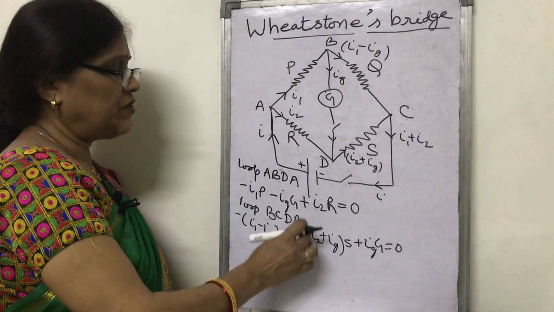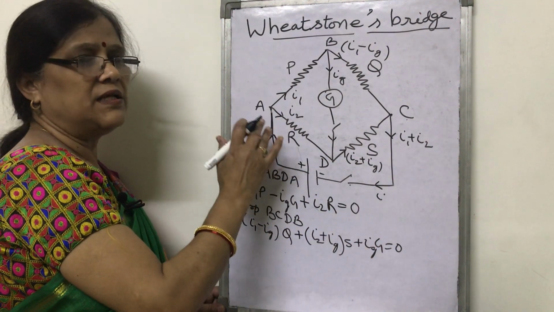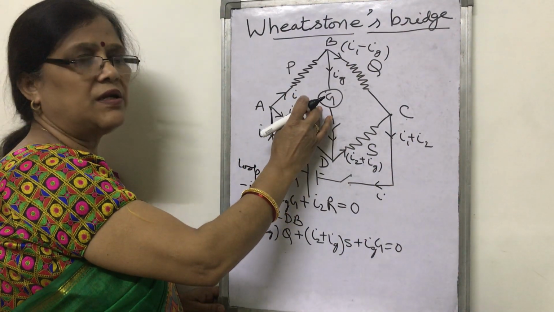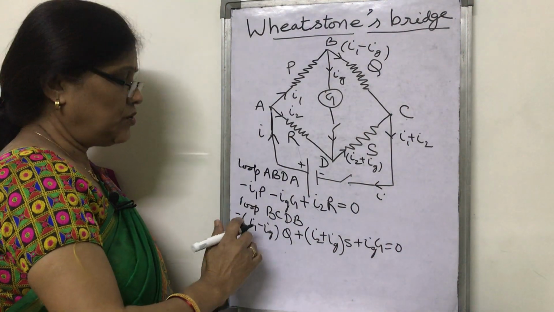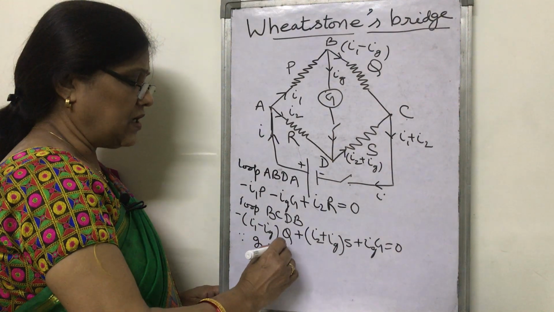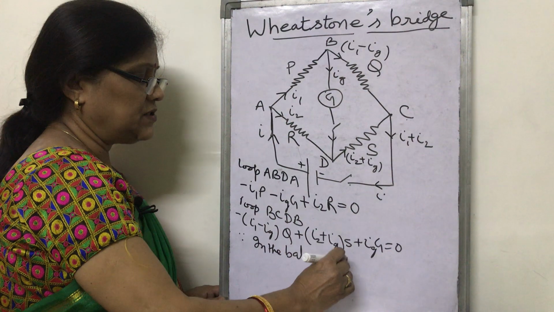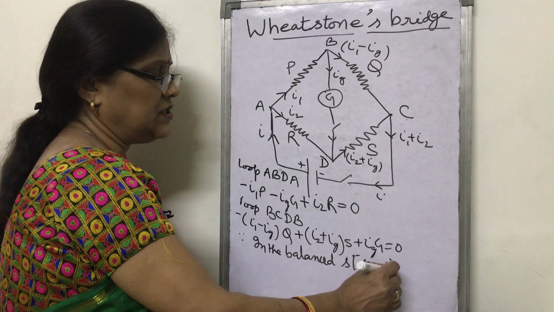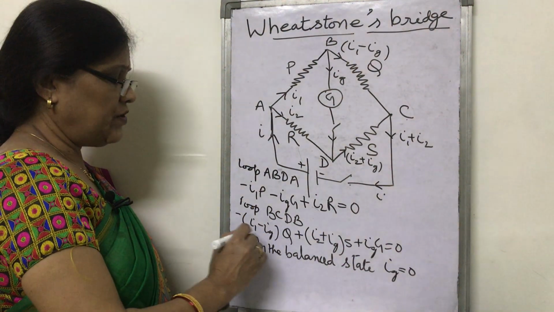Now in these two equations, since the principle says that in the balanced state there is no deflection in the galvanometer, the value of Ig is 0. So since in the balanced state of the bridge Ig is 0, what will you write here?